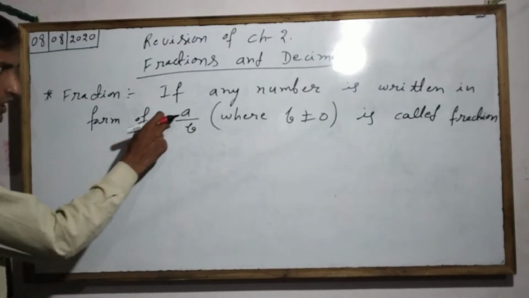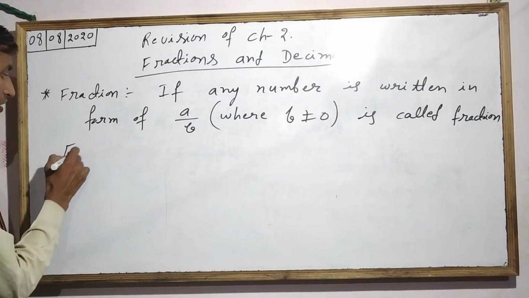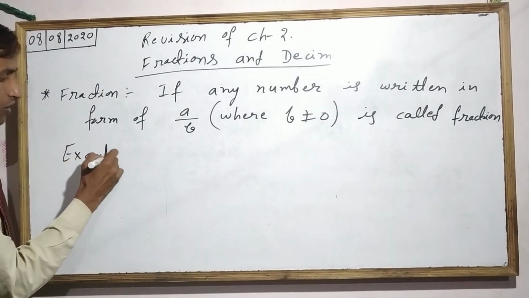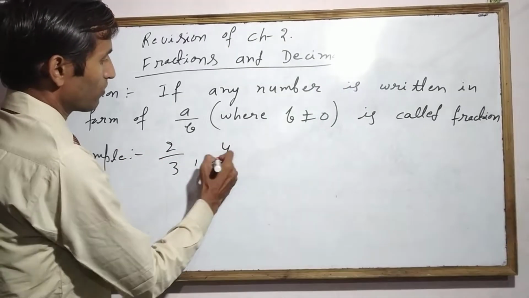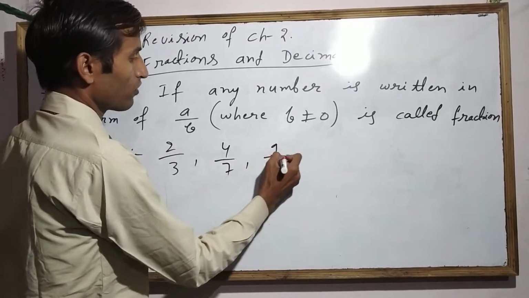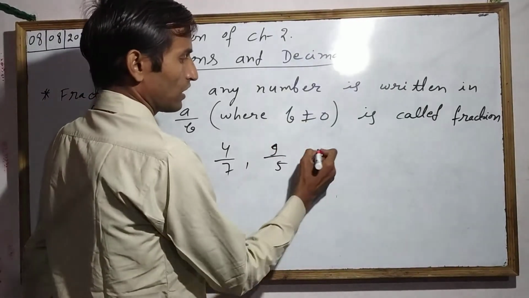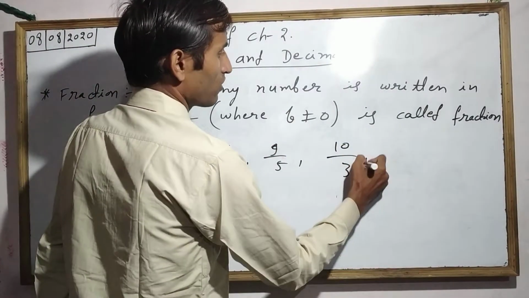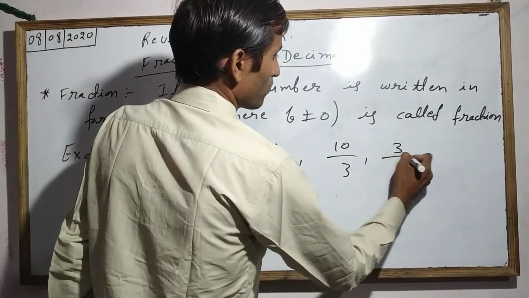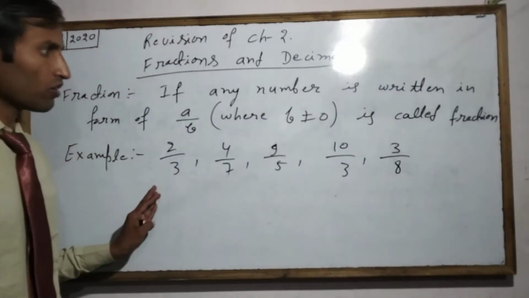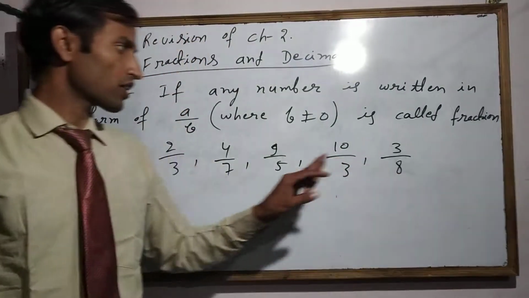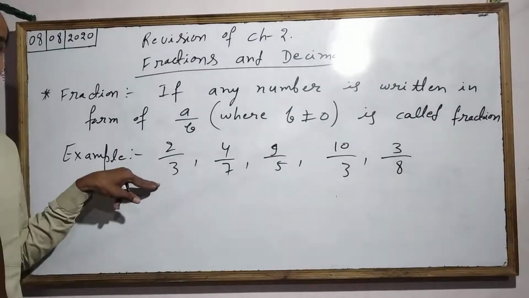Now a upon b, for example, 1 upon 2, 4 upon 7, 9 upon 5 and 10 upon 3 or 3 upon 8, like that. So these are called fractions. In a fraction two parts are there, numerator and denominator.